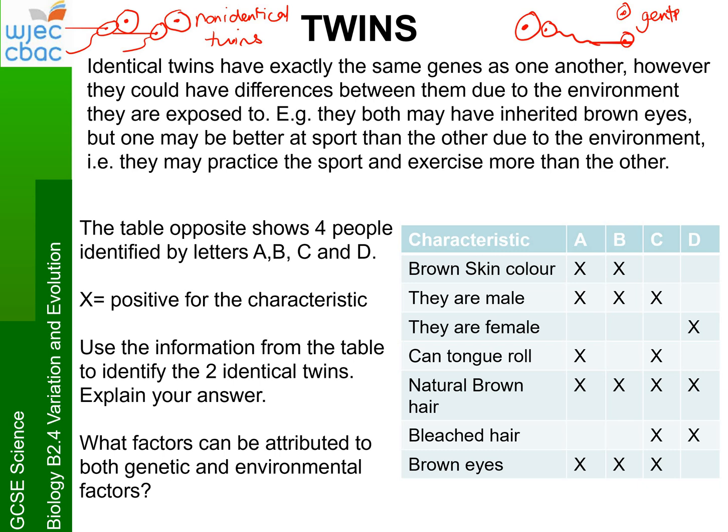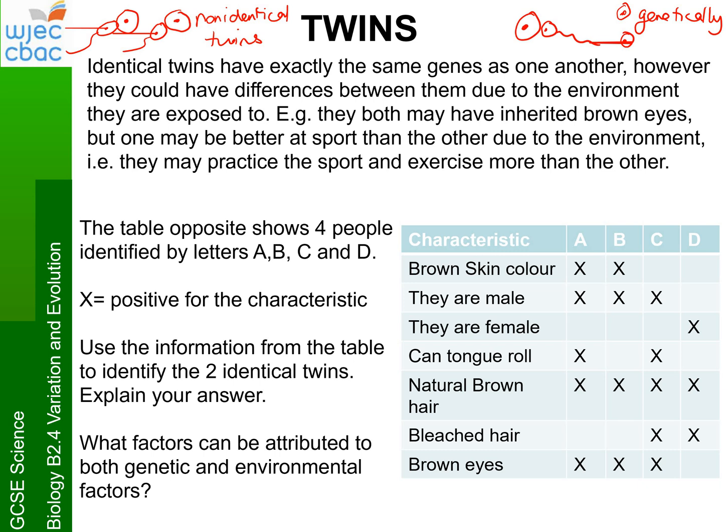So, I can't spell, apologies. So identical twins have exactly the same genes as one another. However, they could have differences between them due to the environment they are exposed to.